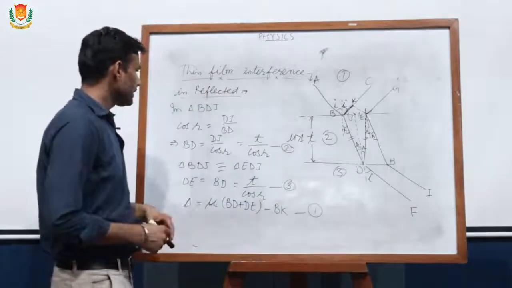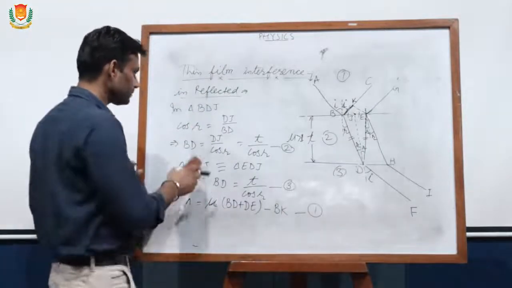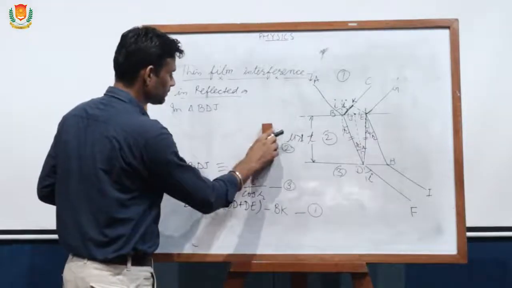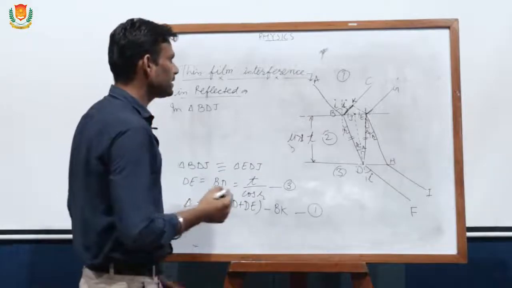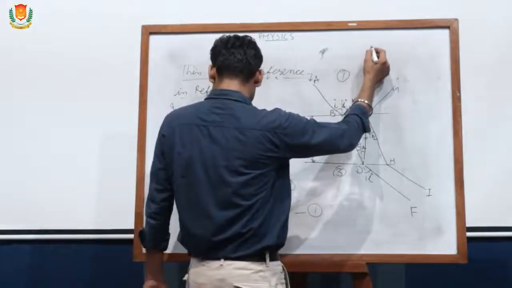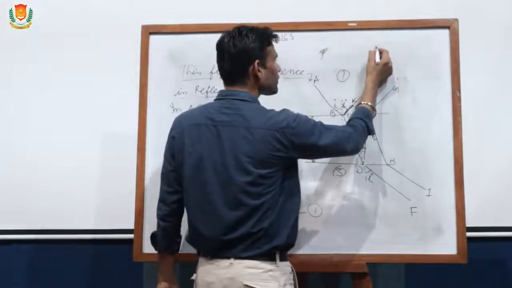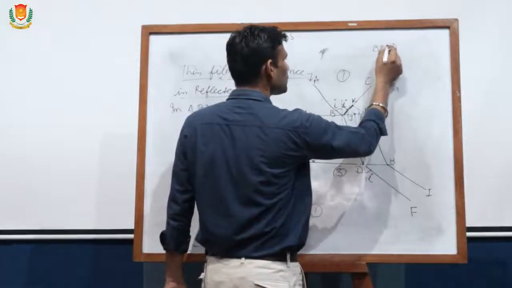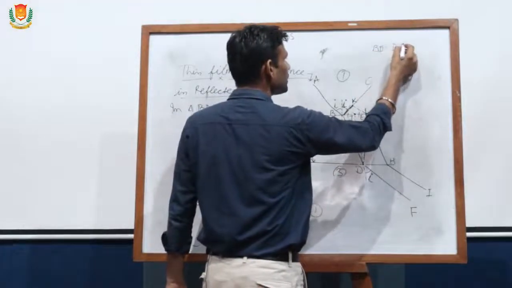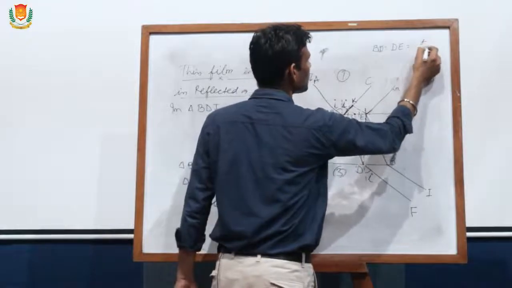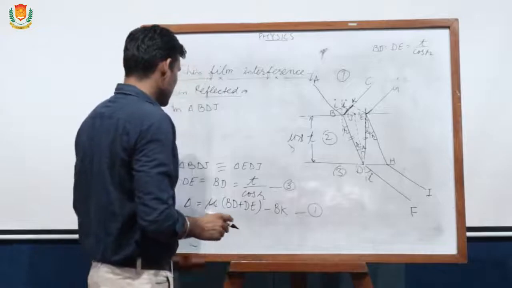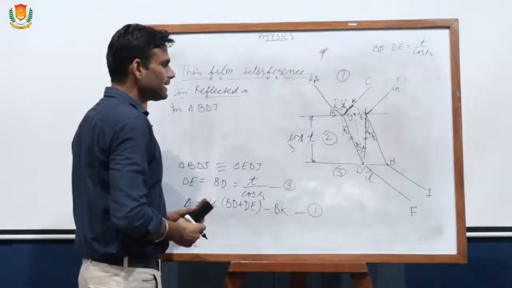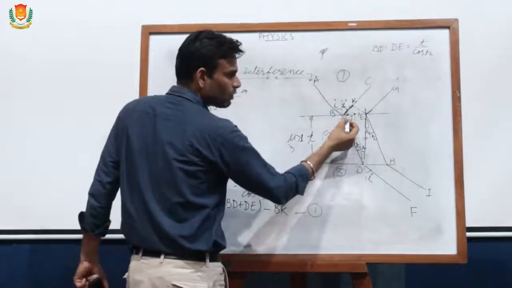So again, in this triangle BDJ, we should write our results here. BD equal to DE equal to T upon cos R. In triangle BDJ, we have to find out BJ.